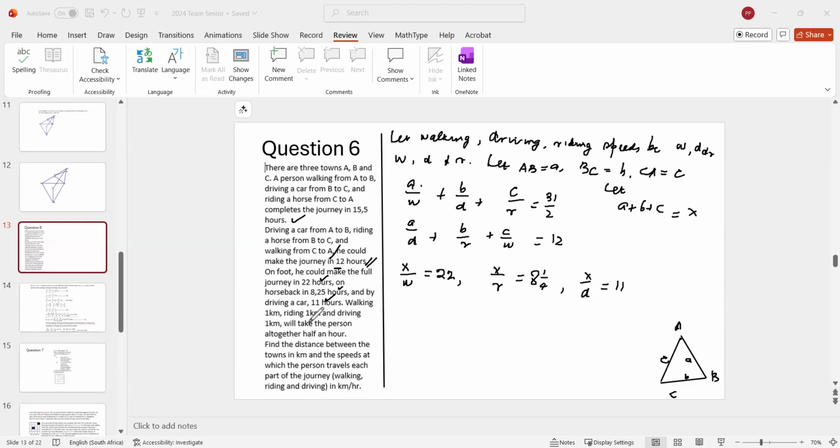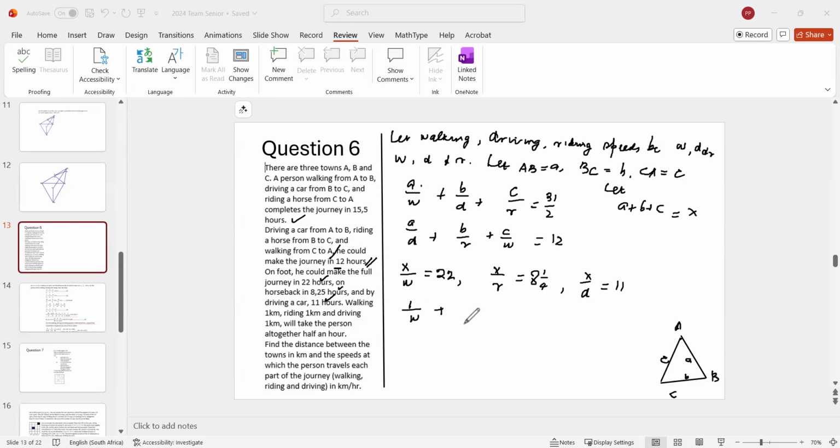Now, walking 1 kilometer, riding 1 kilometer, and driving 1 kilometer will take the person altogether half an hour. So if the distance is 1 kilometer, and he's walking, the time taken will be 1 over W, walking 1 kilometer.